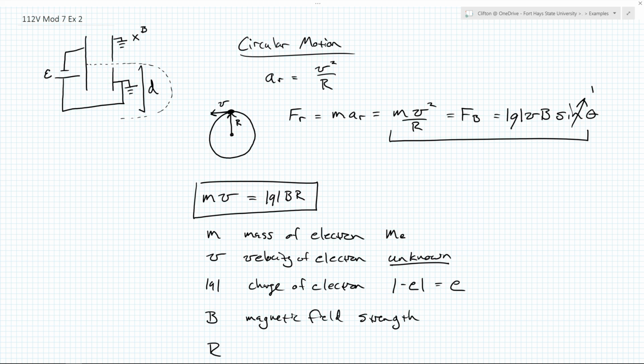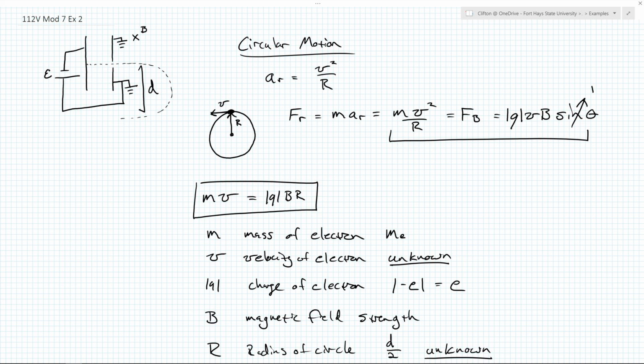And R is the radius of the circle, which is going to be the diameter in the figure divided by 2, which is also unknown. In fact, the problem is asking us to determine what that diameter is.